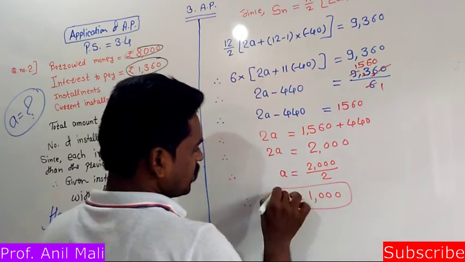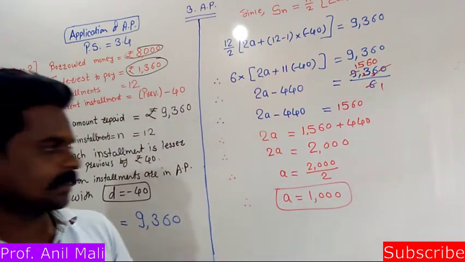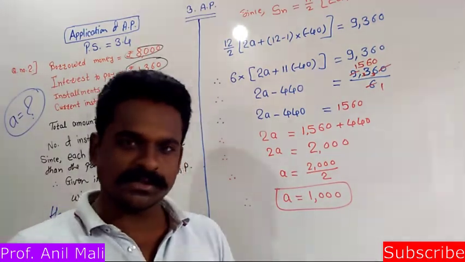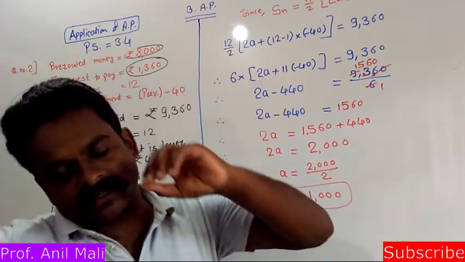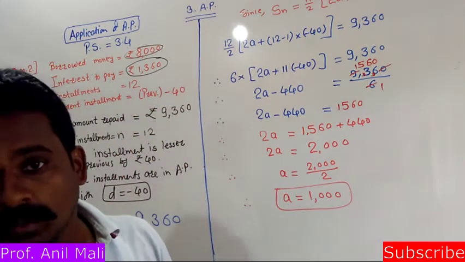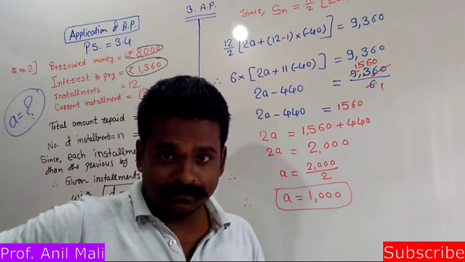So a is equal to 1000, and that will be your first installment. 1000 will be your first installment, which means in the next installment you will pay 960.